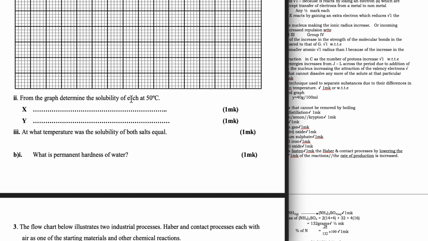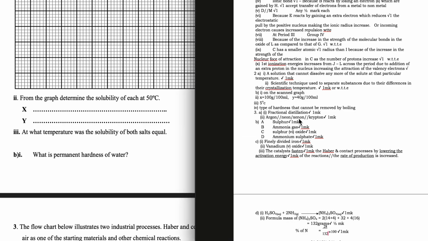From the graph, determine the solubility of each at 50 degrees Celsius. So this is it. 3. At what temperature was the solubility of both salts equal? 5 degrees Celsius.